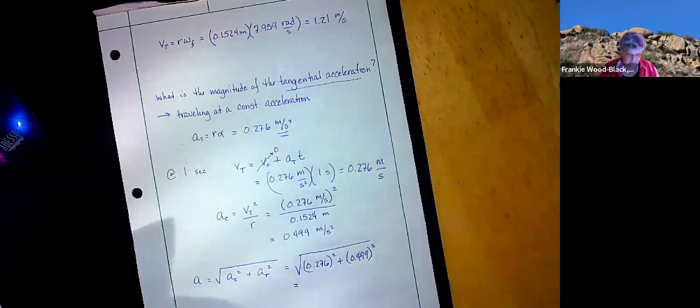Then I take the square root of all of that, and I get 0.570 meters per second squared.